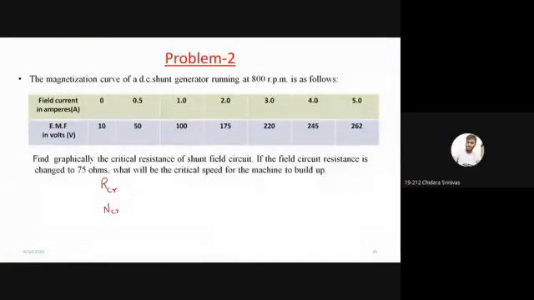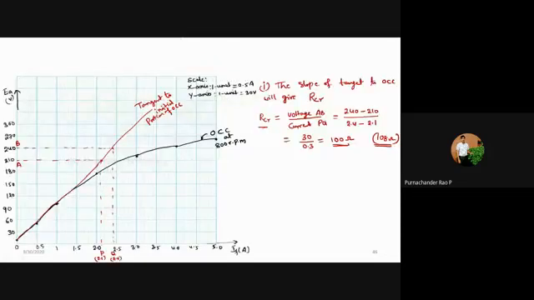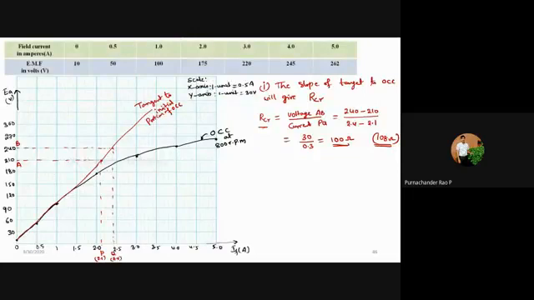If the field circuit resistance is changed to 75 ohms, what will be the critical speed for the machine to build up? So here he has given that field circuit resistance is 75 ohms, so we need to consider this.